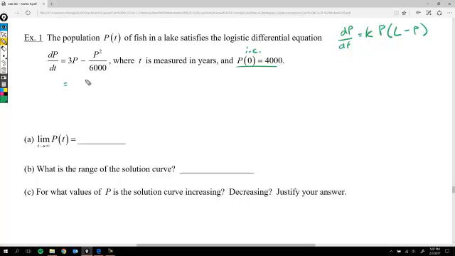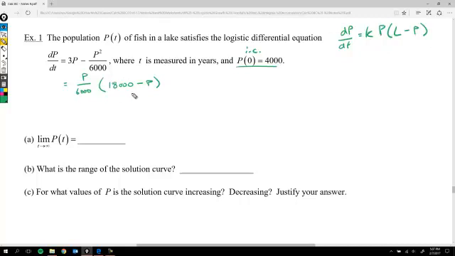So I'm going to factor out a P over 6,000. What that gives me is 3 times 6,000, which is 18,000, minus P. So k in this case is 1 over 6,000, and L is 18,000.